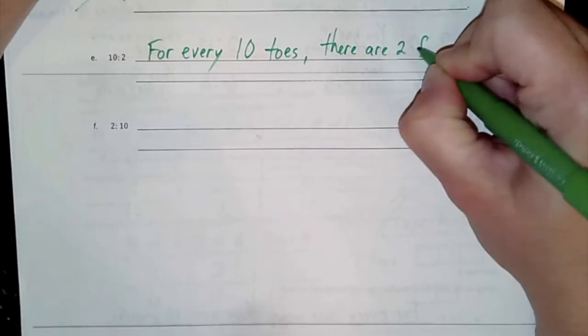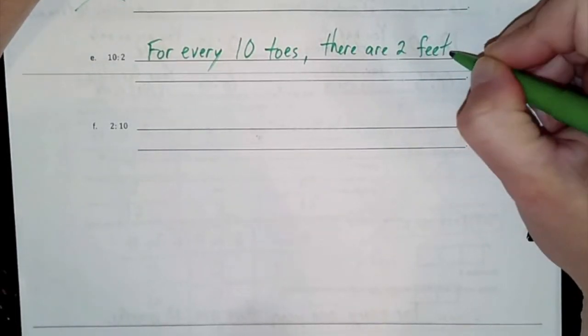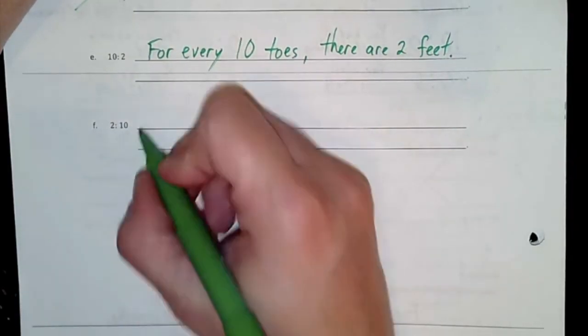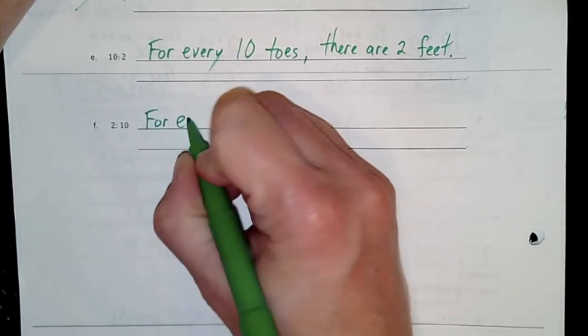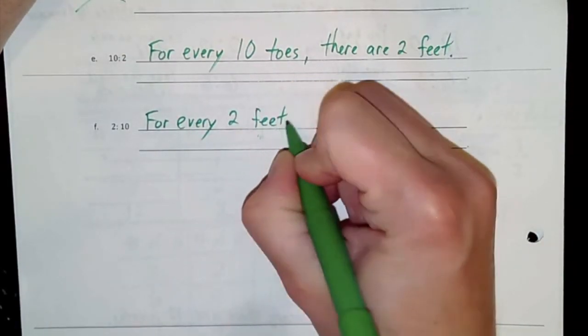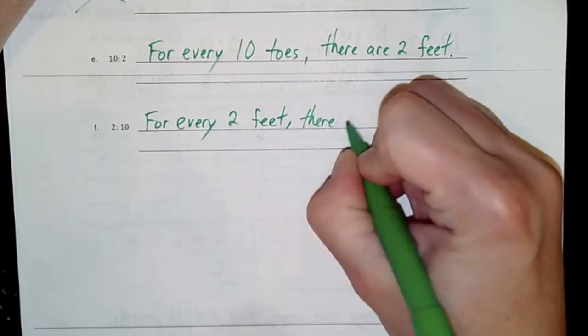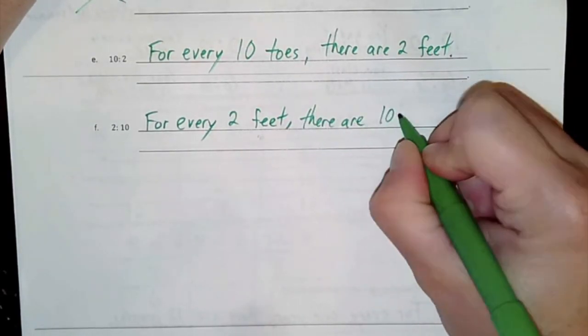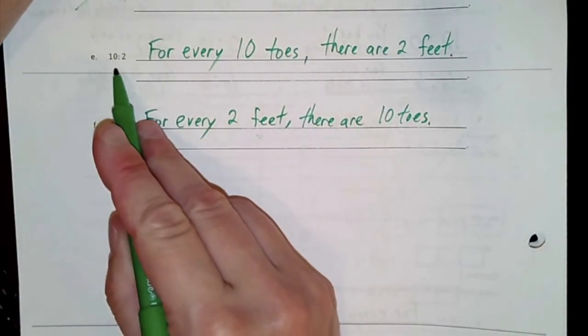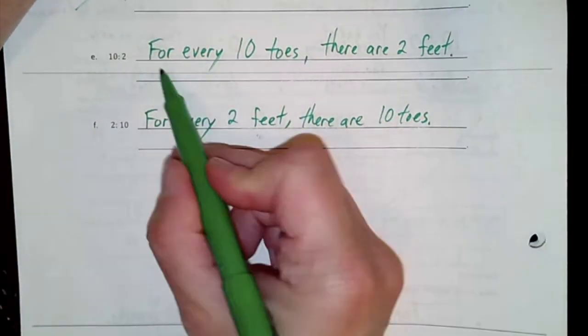And that's not the only one. You could have fingers and hands. And then if it switched around, 2 to 10, you would say for every 2 feet, there are 10 toes. So what we just learned with ratios is this is the number form of the ratio, and this is the word form. So you're hearing these words "for every."